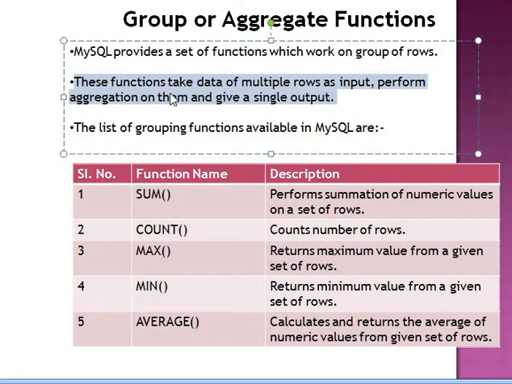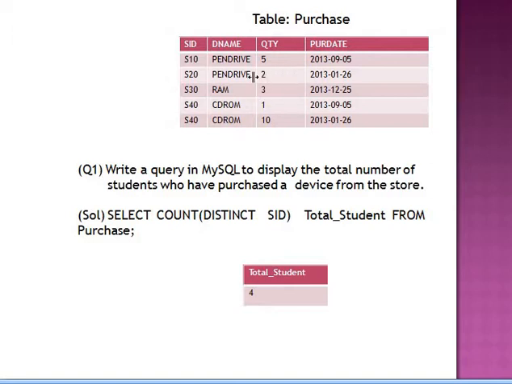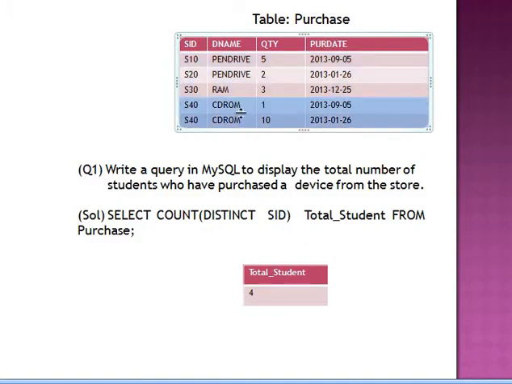These grouping functions can take the data of multiple rows as input, perform the aggregation on them, and then produce a single output. So it can take data of multiple rows as input. It can be these 3 rows, these 2 rows, or these 3 rows.